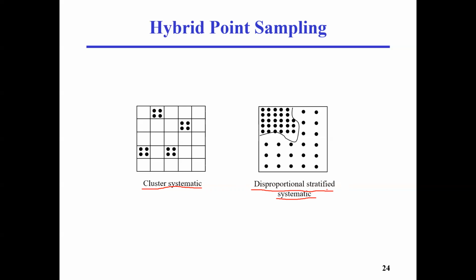Here on the right side, we have another combination, disproportional stratified systematic, right? We have a line feature to divide the whole space into 2 strata. Strata 1 is smaller, strata 2 is larger. And it's disproportional because obviously there are more sample individuals in this smaller strata. And again, all those sampled individuals, no matter in the smaller strata or the larger strata, they are evenly distributed within space.